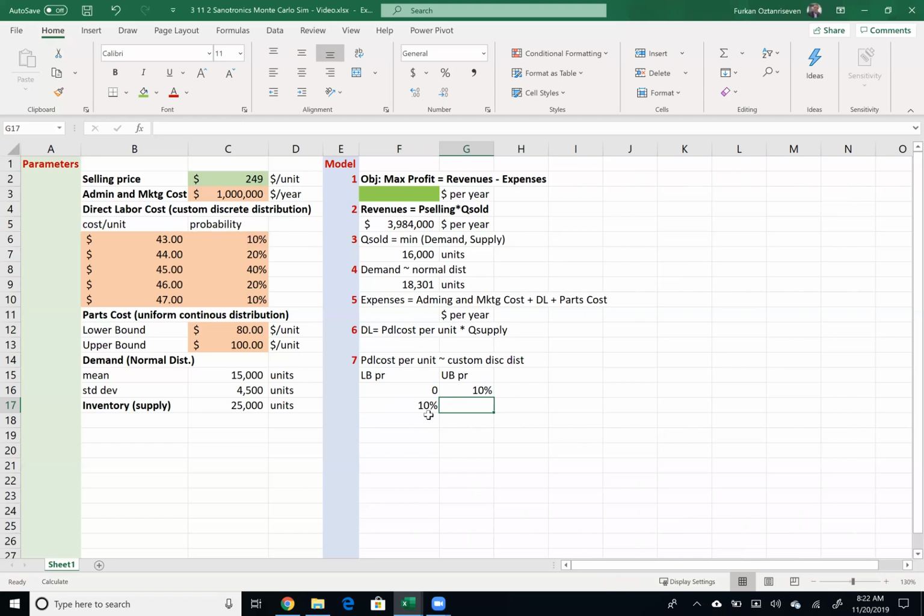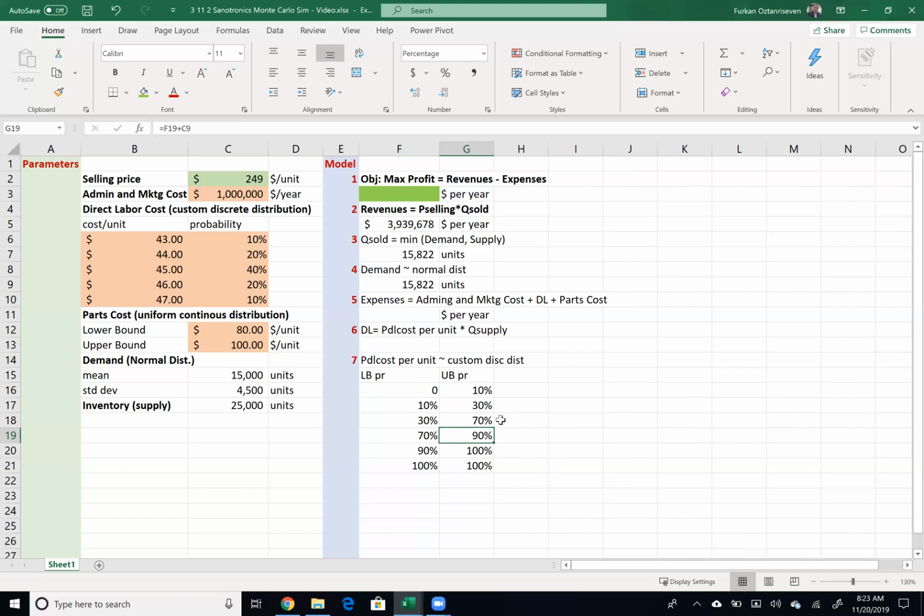So now what I can do is just drag this one down and drag this one down, and you can see that I have to press F9 to refresh my numbers.